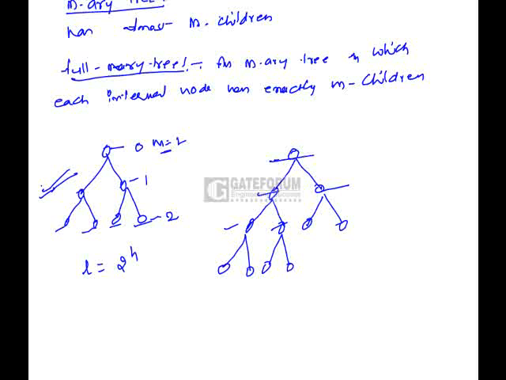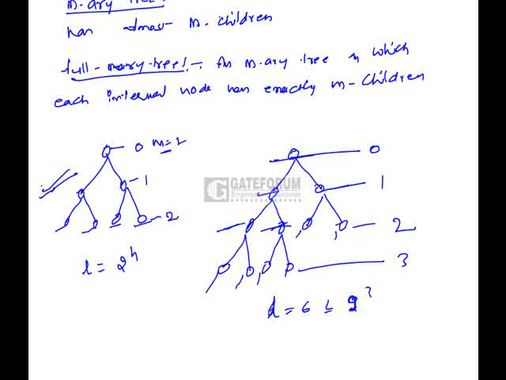So we can take this as a full binary tree. So here the height is 0, 1, 2, and this is 3. And the number of leaves is 1, 2, 3, 4, 5, 6. It means L is equal to 6, which is less than or equal to 2 power 3, that is 8.